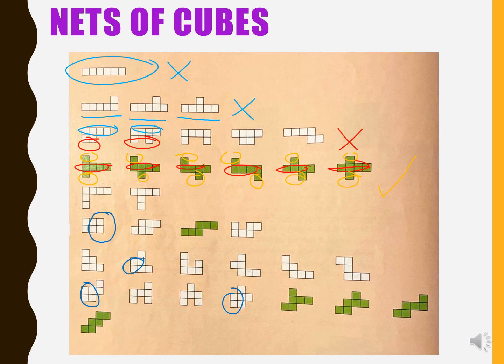So we have eliminated some possibilities. Of course, for some of them you need your imagination. If you really are not sure which one can be folded into a cube, you can cut it out and fold it and try it out by yourself.